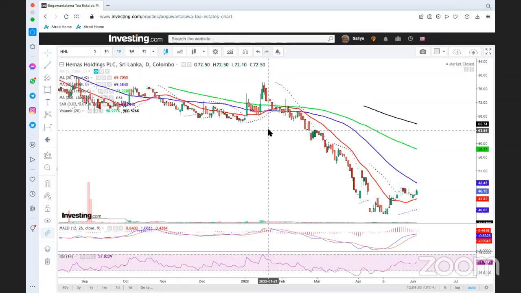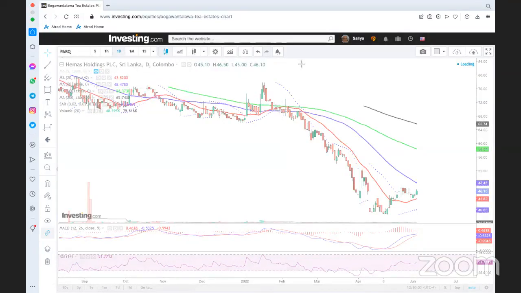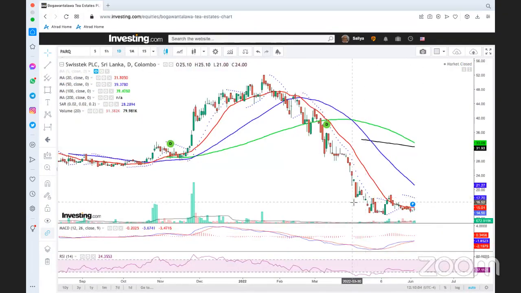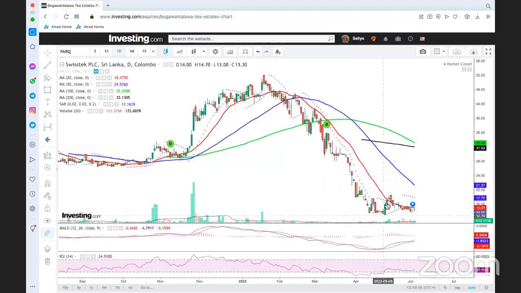Then let's take Swiss Tech. In the case of Swiss Tech, nothing. Even an uptrend is not formed. It went up, there is no reversal here. You have a lower low, and a high only. So there has to be a higher low formation.